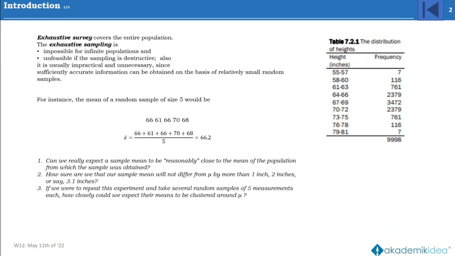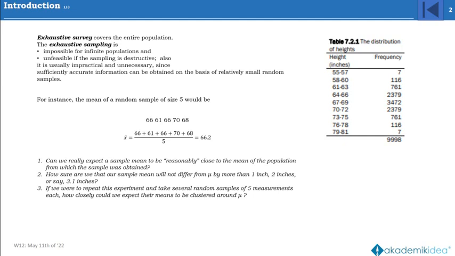And thirdly, if we were to repeat this experiment and take several random samples of 5 measurements each, how closely could we expect their means to be clustered around mu? These questions are very important and they should be answered. But before we can do so, we must conduct a further experiment, specifically the experiment which was suggested in question 3.